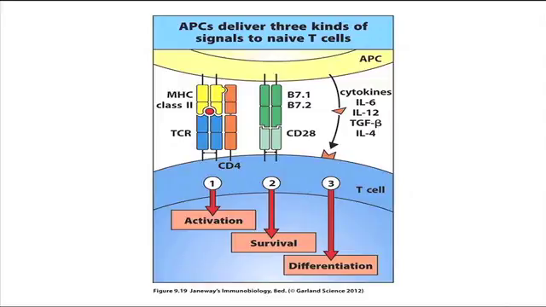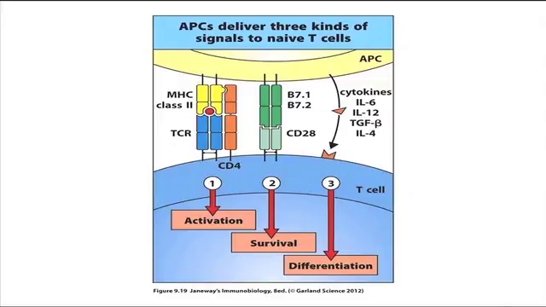The APC is responsible for deciphering the type of pathogen and giving the T cell a set of signals which tells the T cell what it is that has invaded the body. Is it a virus? Is it a fungus? Is it a bacteria? Is it intracellular or extracellular? So APCs don't make all of these cytokines. They make only the ones that are informative about the type of pathogen. IL-12, for example, for viruses and intracellular bacteria, IL-4 for protozoal parasites, and so forth.